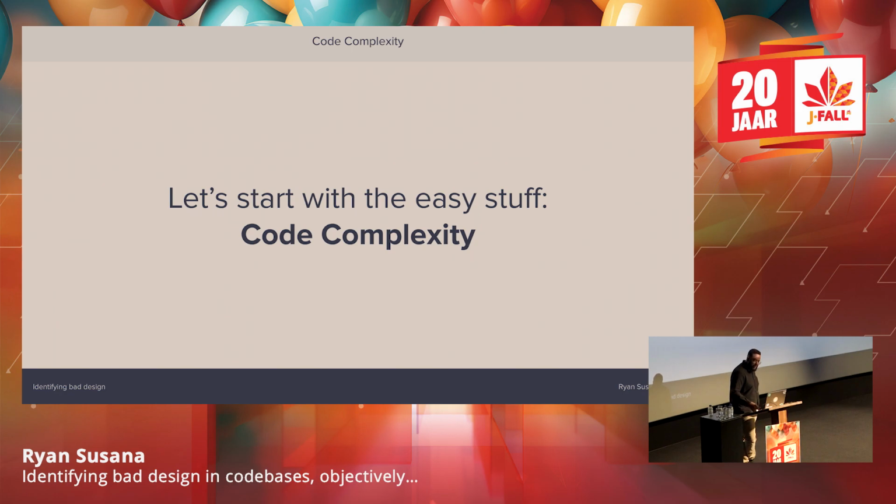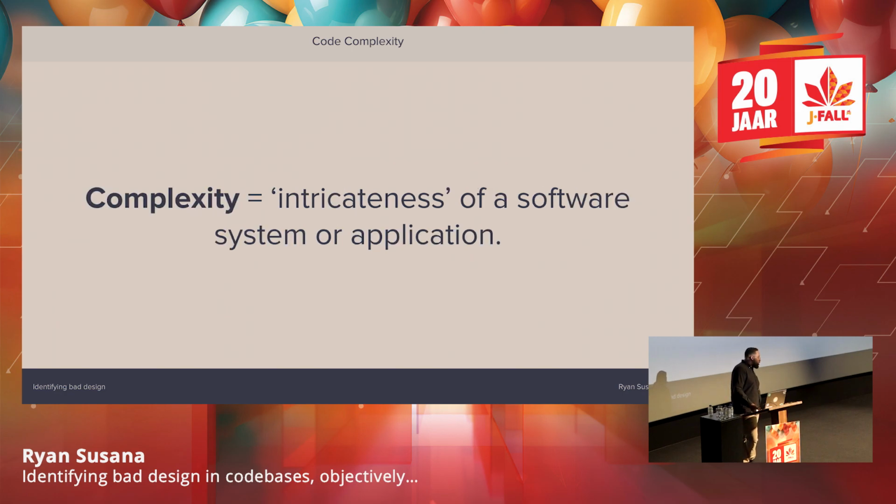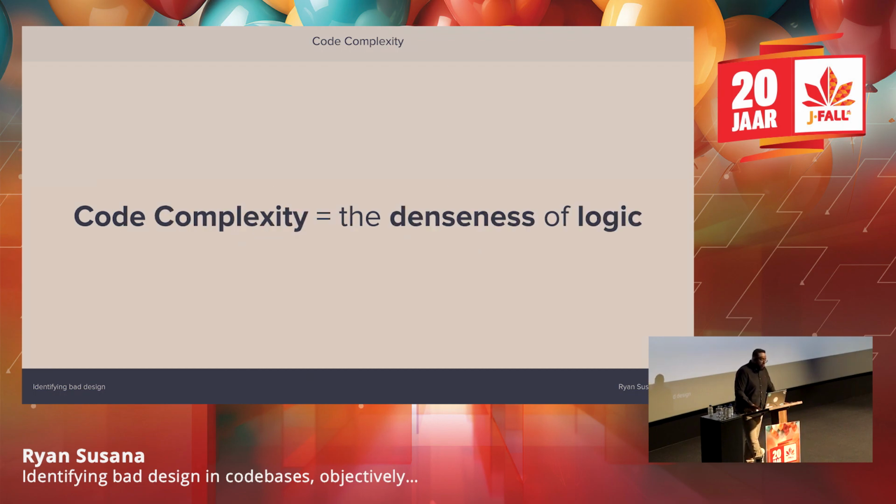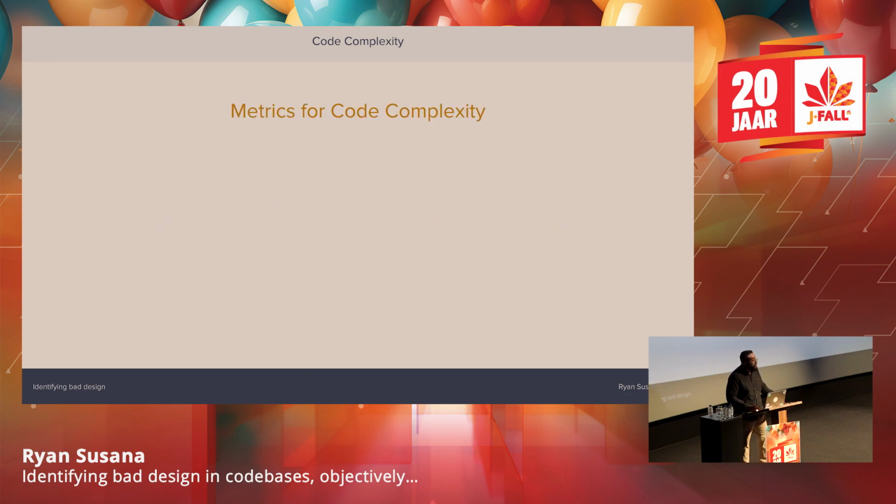It's called code complexity. And complexity in general really boils down to the intricateness of a software system, right? But if you're talking about code complexity, what you're really talking about is the denseness of logic, right? So one way to measure code complexity in a component is to just look at the lines of source code.